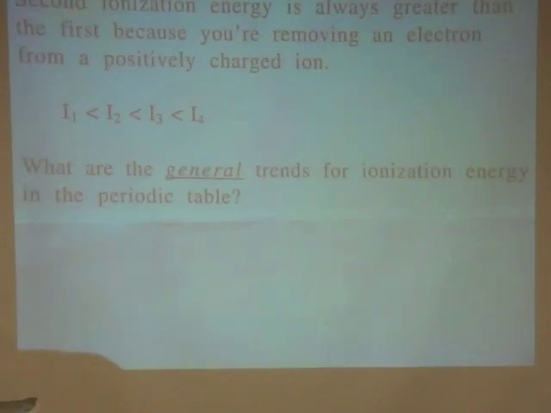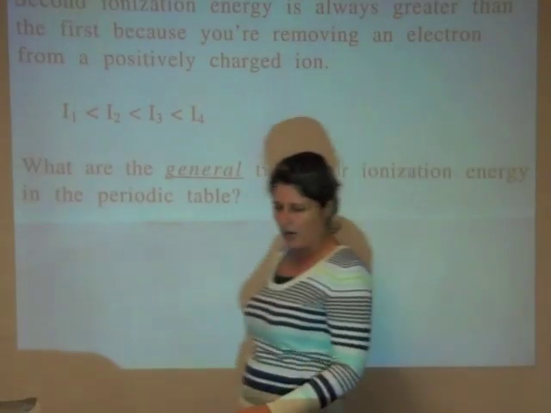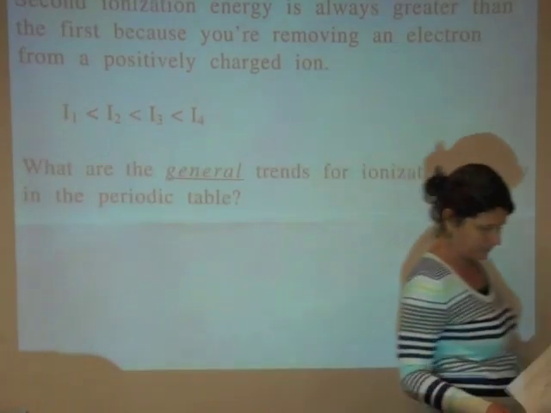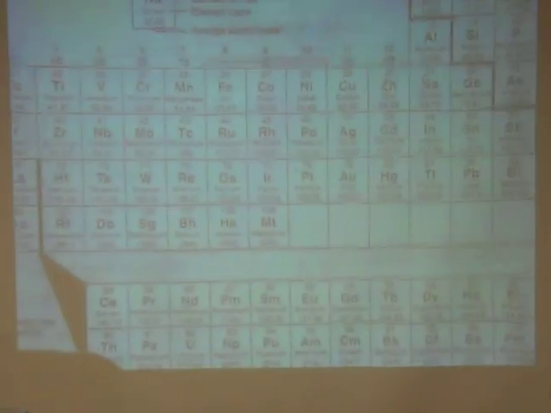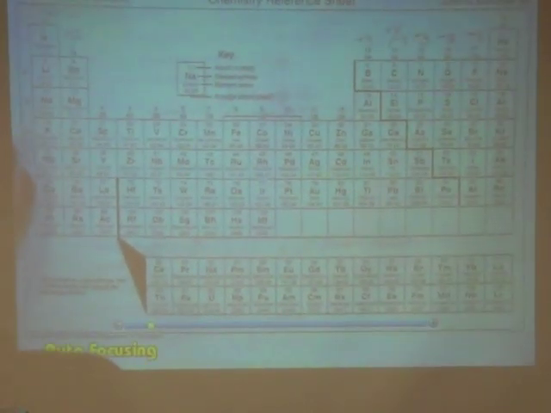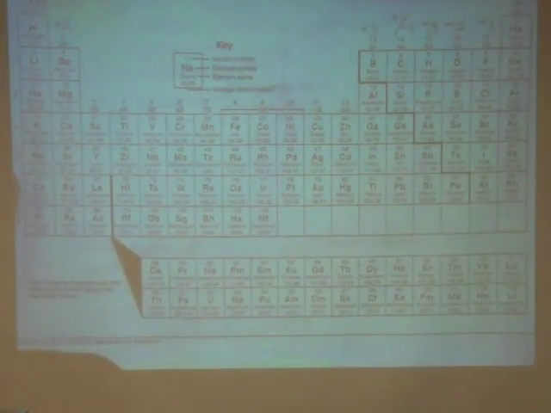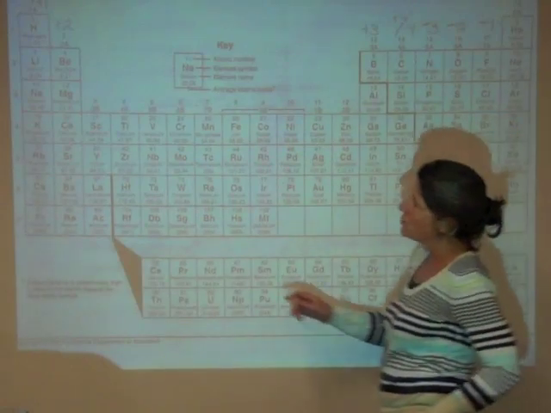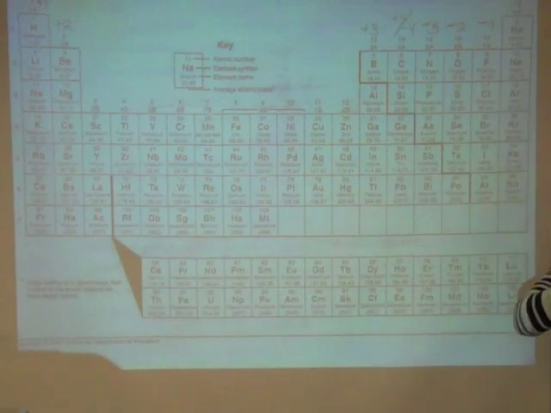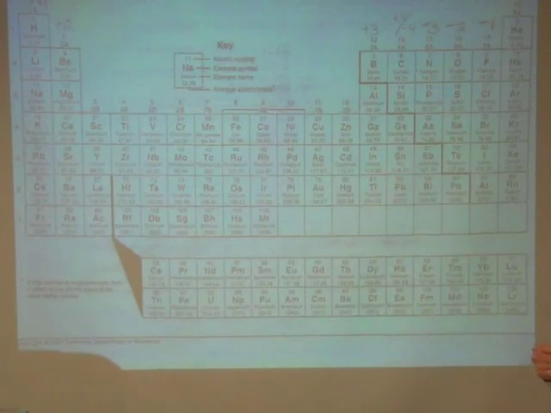All right, so if we look at the periodic table and we think about what we did yesterday, what we will find is that, in general, as we go from left to right, ionization energy increases.